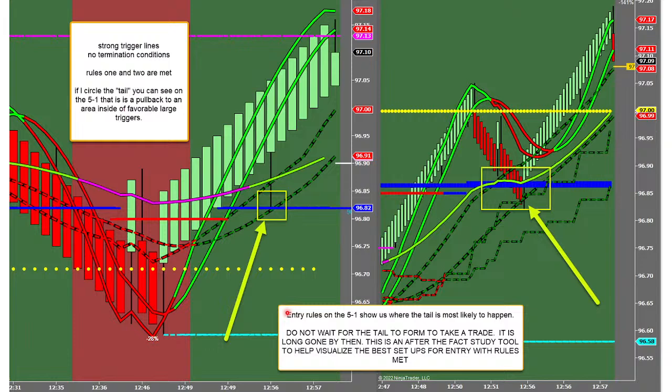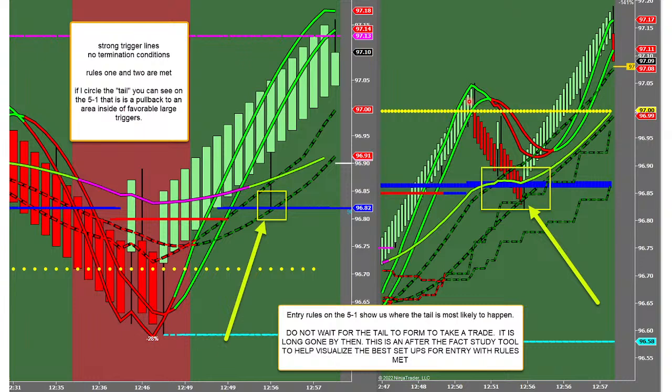You've got to be able to recognize the advantages, which means you've got to be able to look at your large chart and say, I do have strong triggers. You have to be able to say, I'm into a termination, it has the potential to break or it's broken. And guys, the market's trading all the way up here at 97.05 when you make the decision to enter your trend trade.